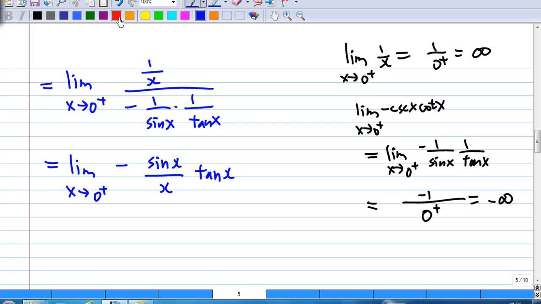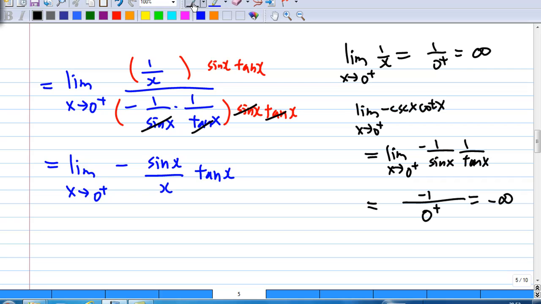What I do here is multiply the numerator and denominator by sine x tangent x, so that I have cancellation in the denominator, and in the end I have minus sine x over x times tangent x.